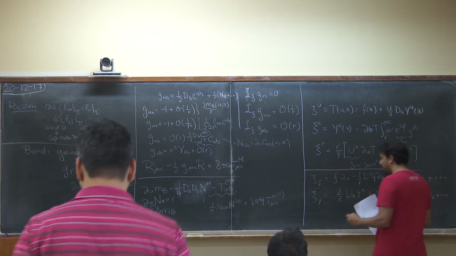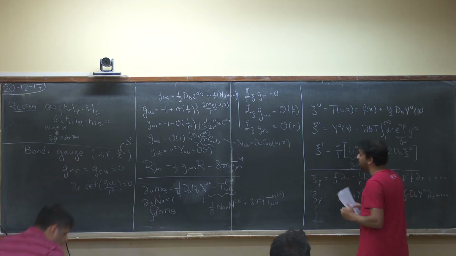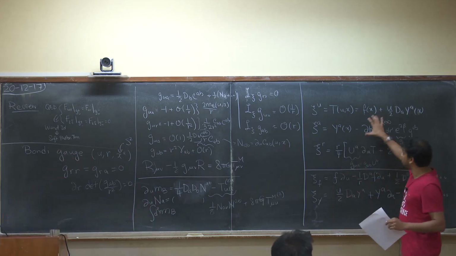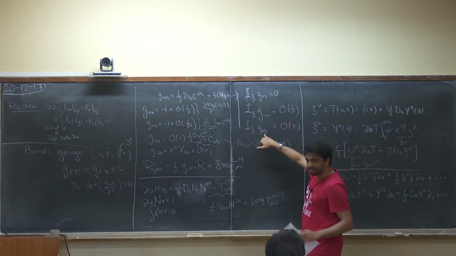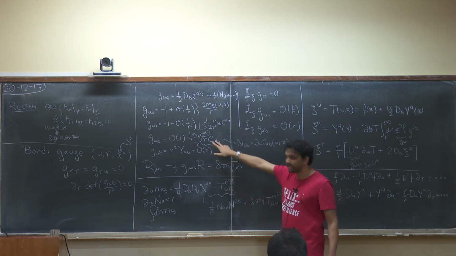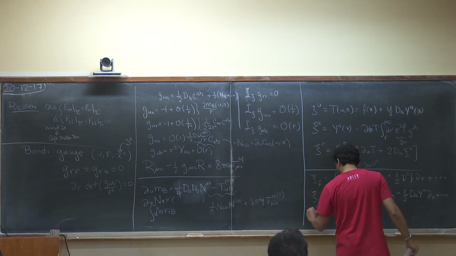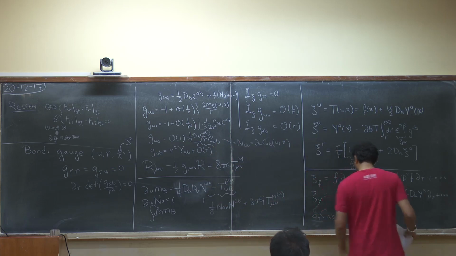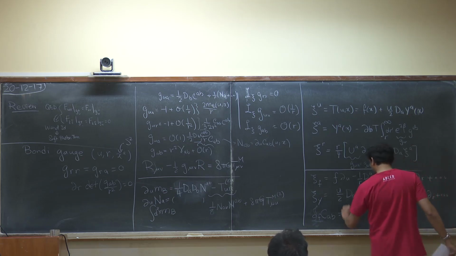So maybe just for analogy, let me say the transformation. Again, you can just take this zeta, plug it into, for instance, this equation, compute the order R term, and that will tell you how C_AB is transforming. So you can check that the change in C_AB, let's say under a supertranslation, just to begin with, is just F del_U C_AB.